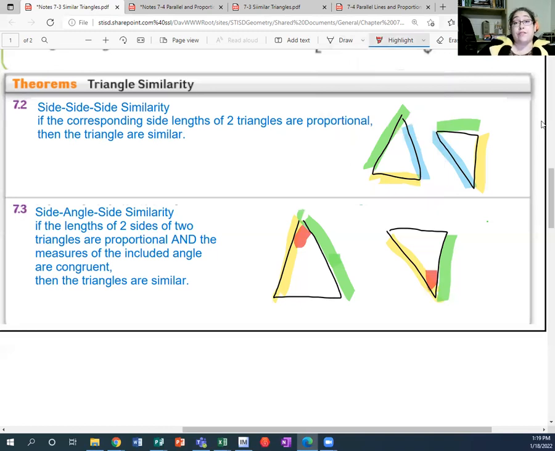Okay, so this should feel very much like triangle congruence, but we're showing similarity. And the difference between congruence and similarity is that in congruence, the sides had to be equal measure. Now, the sides are just in proportion. That is, when I write a fraction comparing the sides, I'm going to get the same fraction every time.